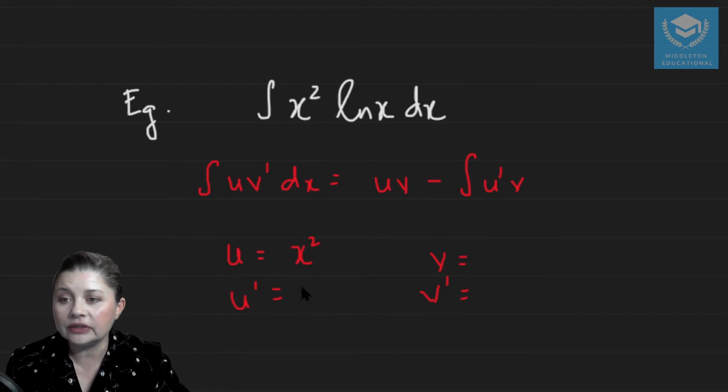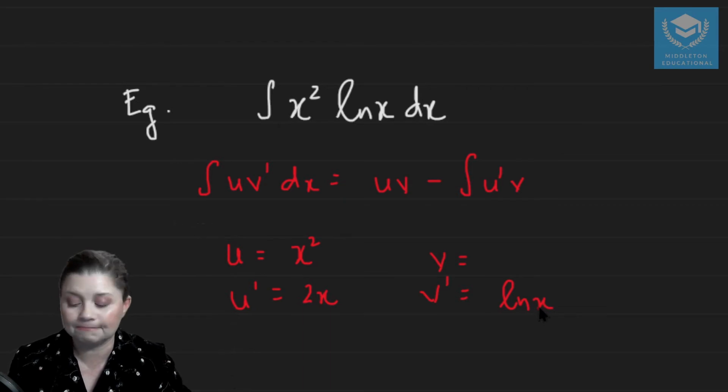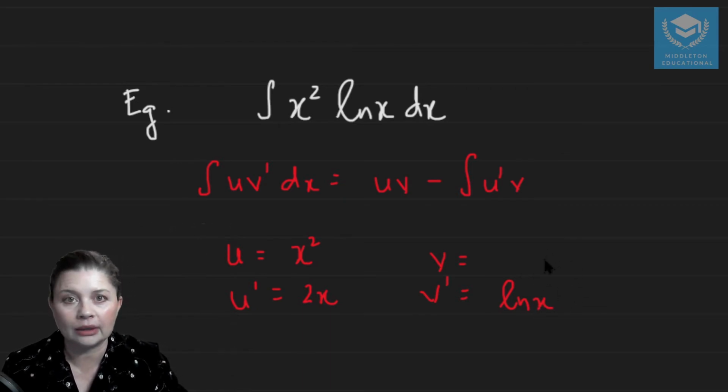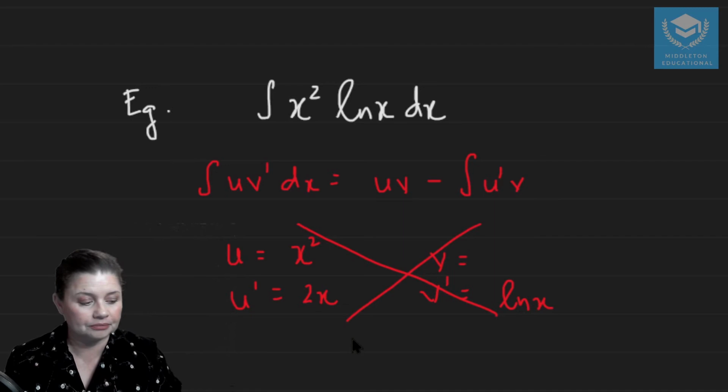The derivative of that is fairly straightforward because it's just going to be 2x. Then I choose v dash to be ln x. How are we going to find v? That's the challenge, isn't it? Because you can't actually find the integral of ln x, so you can't go backwards here, which means that this does not work.